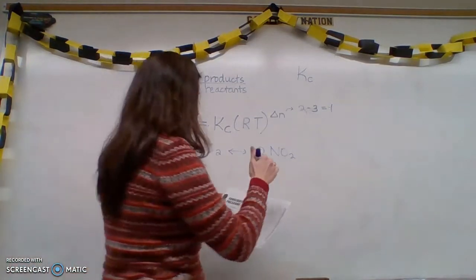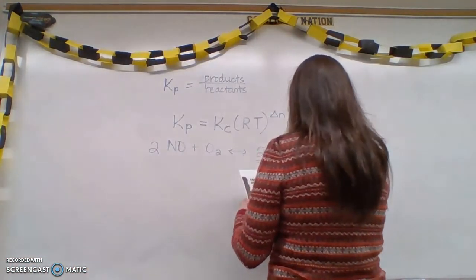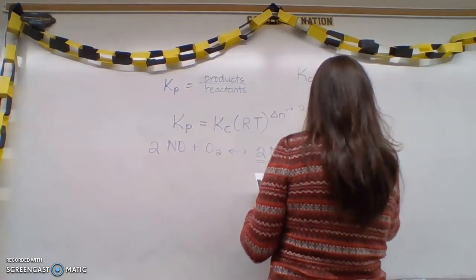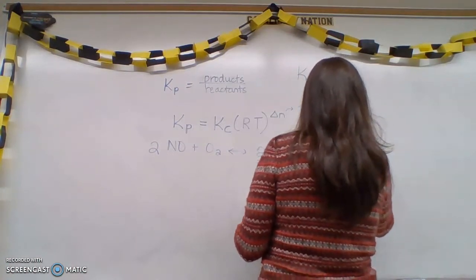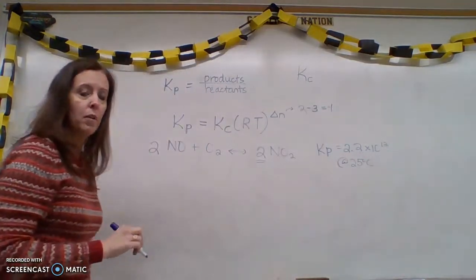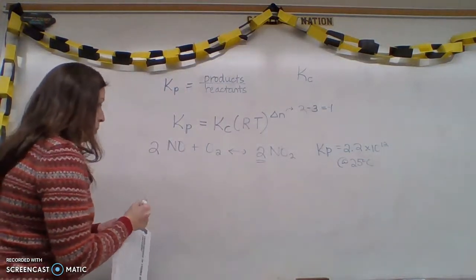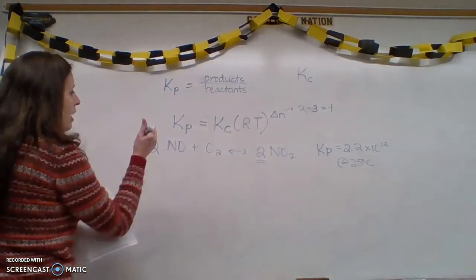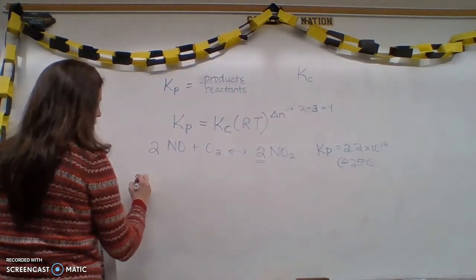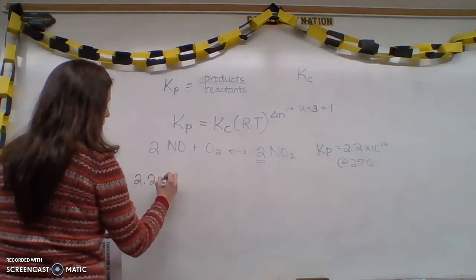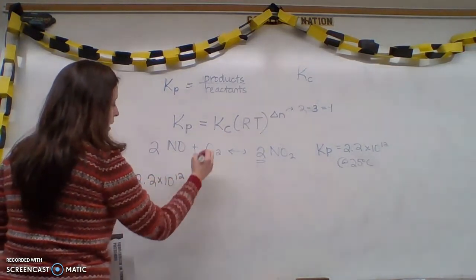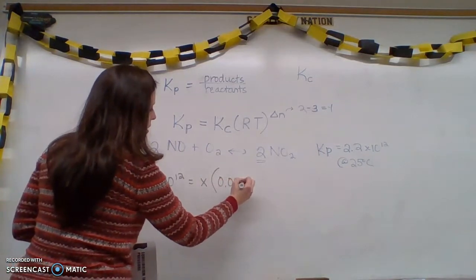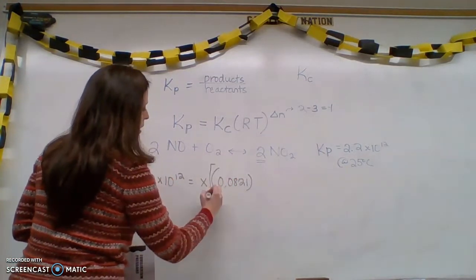Now, when you look at this example, I tell you that Kp is 2.2 times 10 to the 12 at 25 degrees Celsius. All right? So when I go to put these numbers in, I'm looking for Kc. I know that Kp is that, Kc is x, R is that.